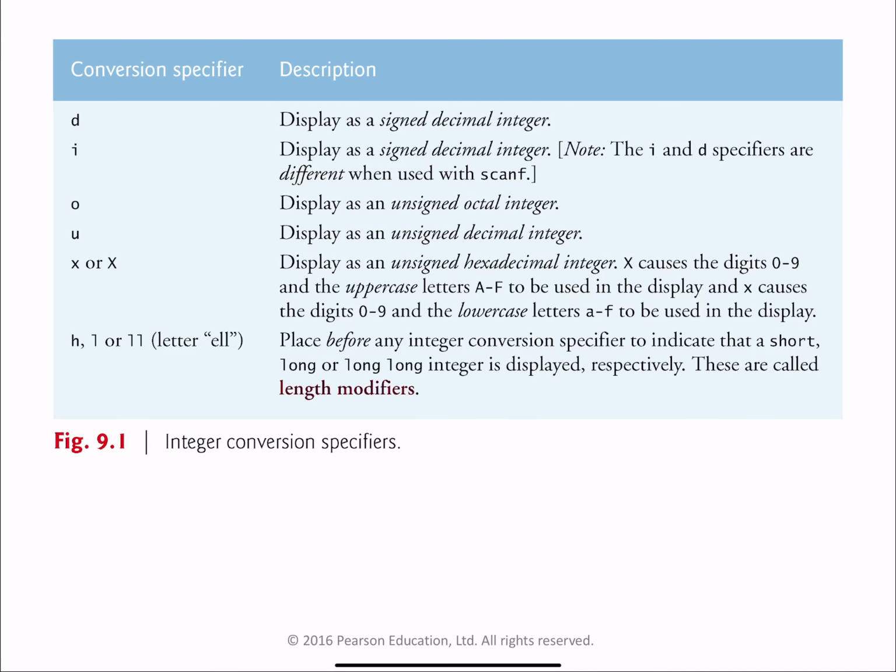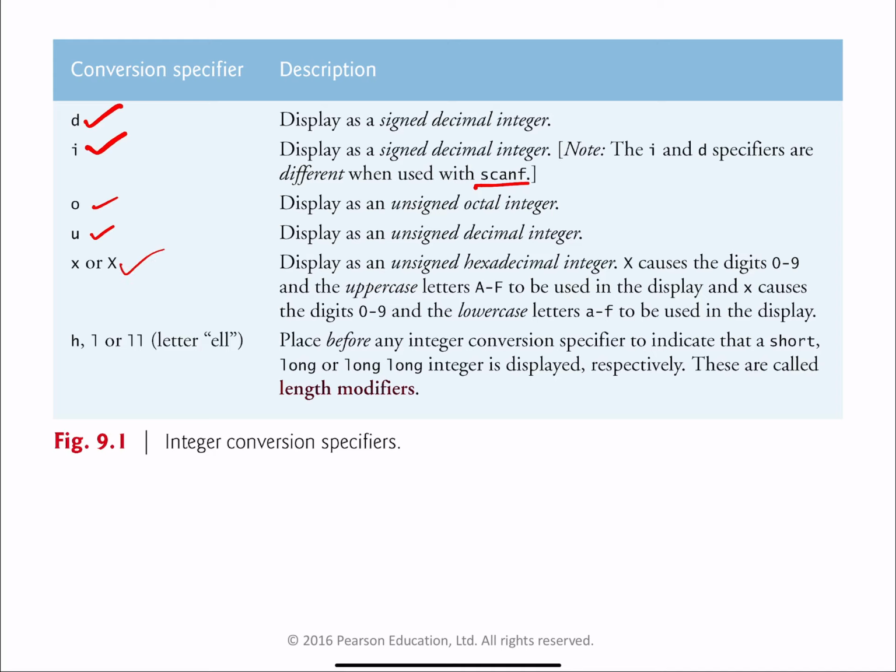So you're already familiar with these. You've been using %d to output decimal integers. There's another conversion specifier, %i, that you haven't used, that we, however, use sometimes with the scanf function. O for octal integers, U for unsigned decimal integers, X for hexadecimal integers.